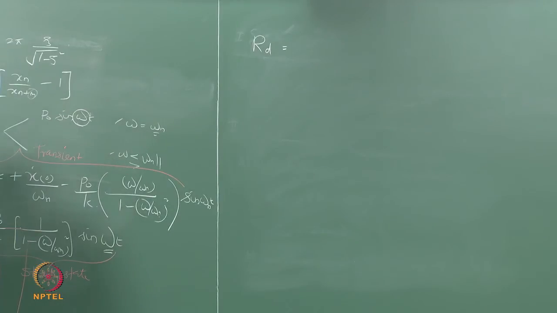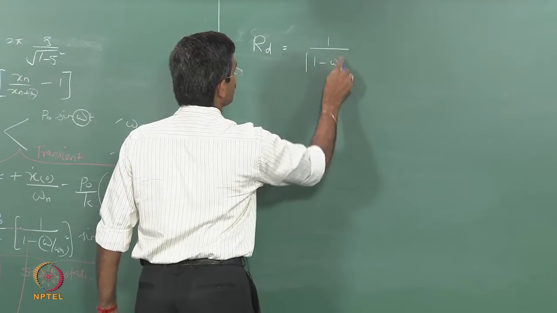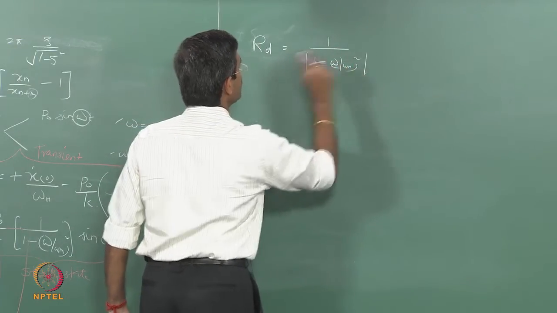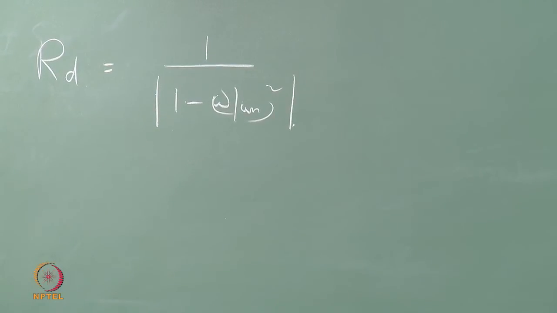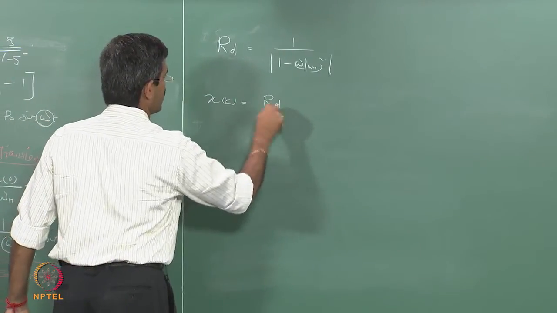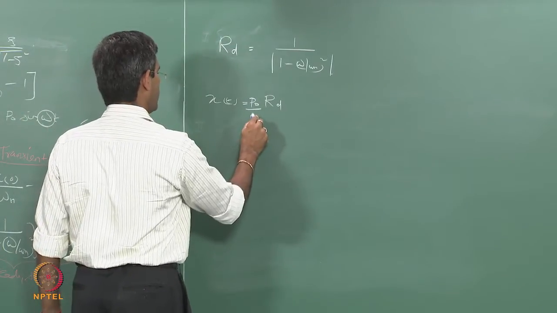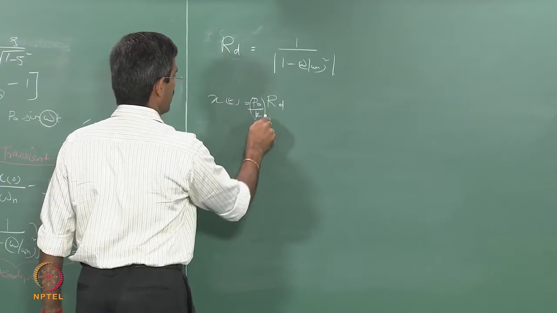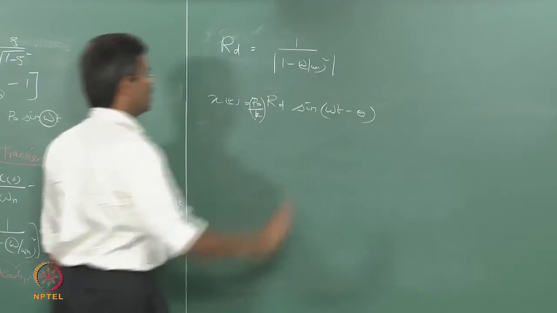RD as the deformation response factor, which is 1 by mod of 1 minus (omega by omega n) the whole square, and we generalized x of t in this case as RD times p0 by k sin(omega t minus theta), or let us say phi.